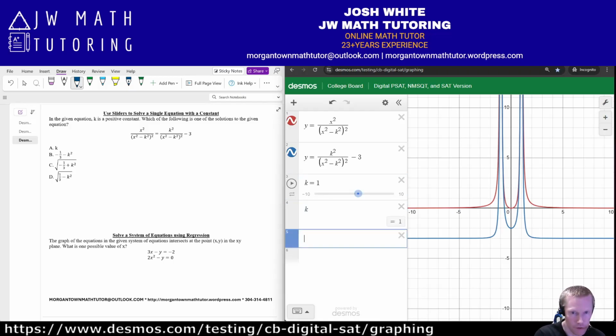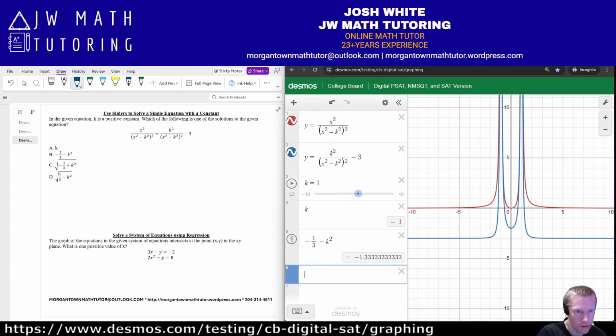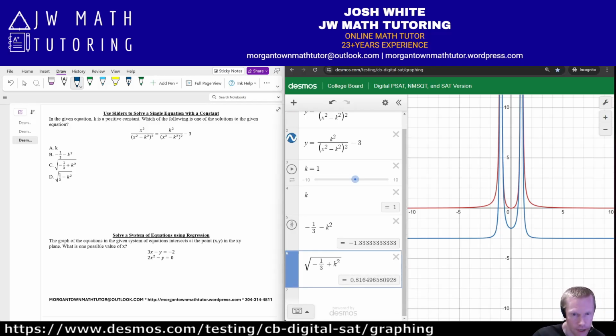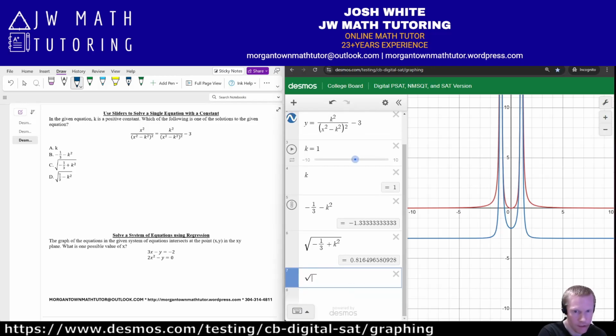Now we can type in the answer choices. And then we're going to have some square roots. And we should have one more to type in.